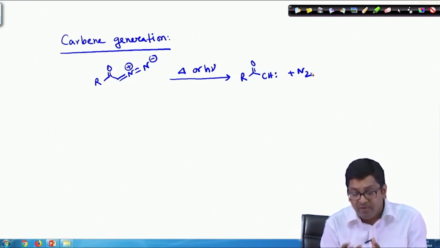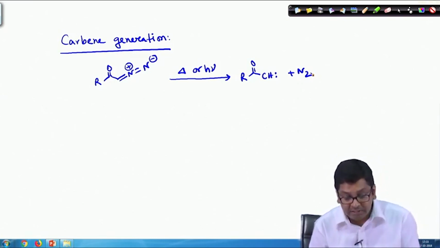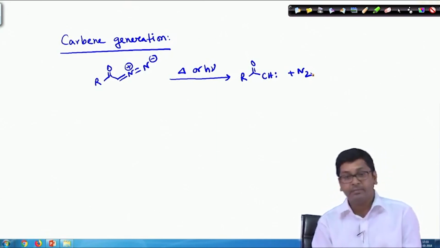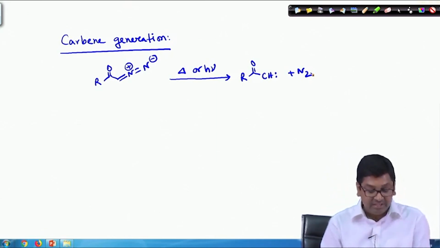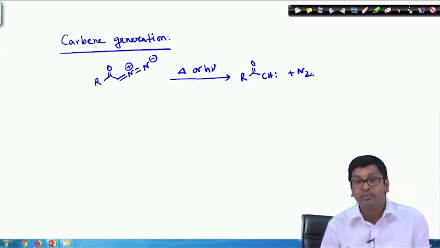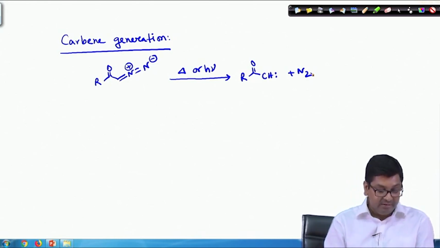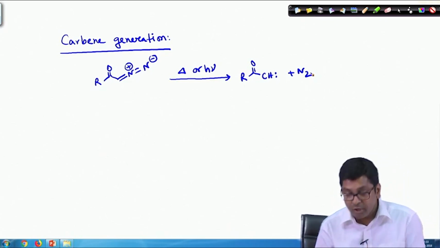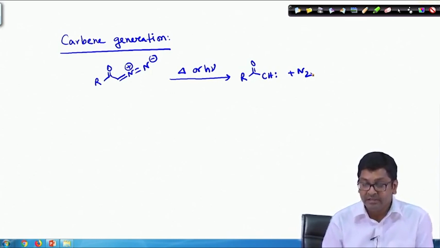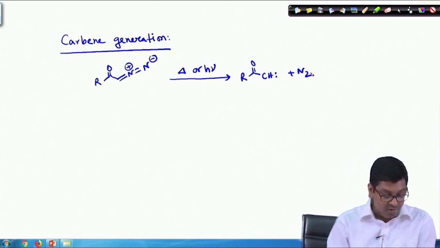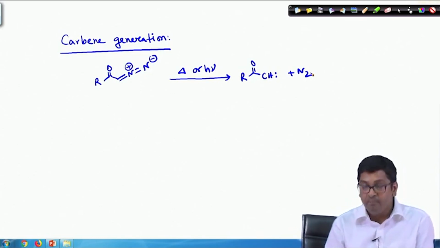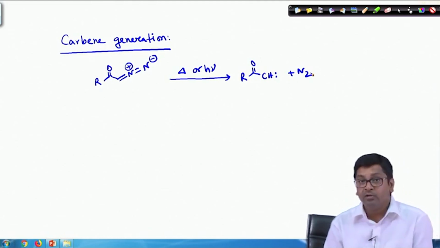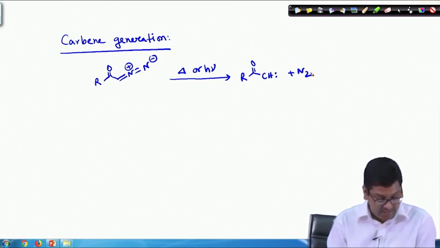What is motivating such decompositions of these diazocarbonyl compounds to generate the carbene? We see that generation of nitrogen, one of the most stable compounds, drives such decomposition to generate these carbenes. Okay. So, this generation of the stable small molecule is very important for preparation of these carbenes.